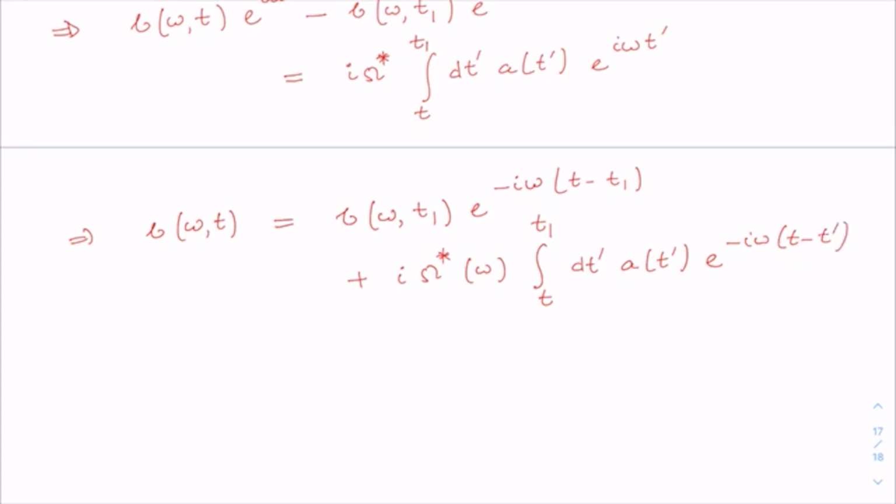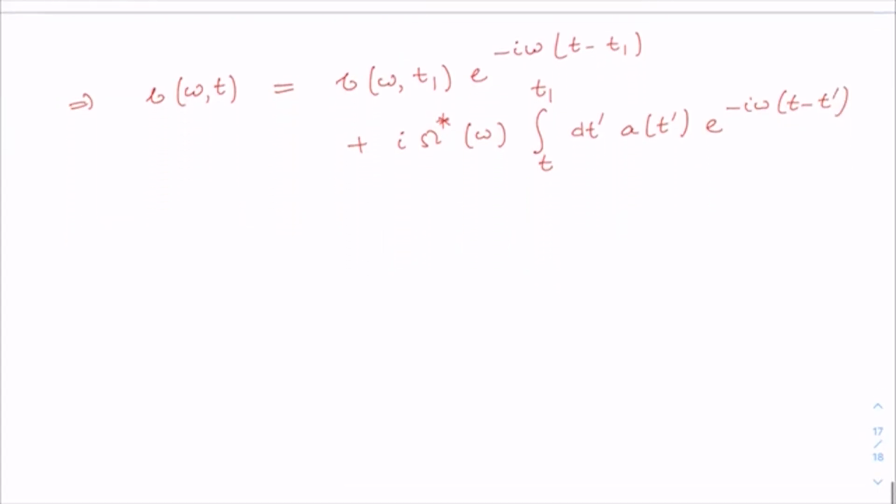Now we can put this solution into the equation for the cavity mode, the equation that we obtained, that is a dot is equal to minus i omega 0 a plus omega drive e to the power minus i omega L t minus i integration d omega capital omega of omega b of omega t.